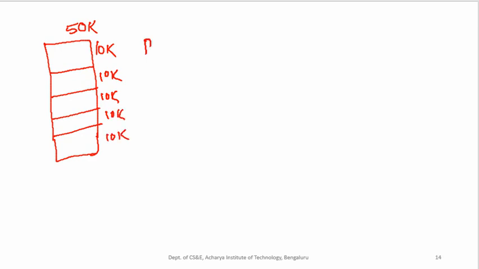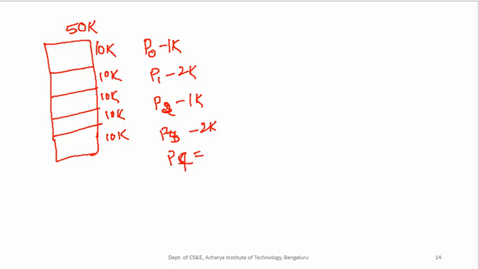Now let's say processes arrive with this memory requirement: P0 1K, P1 2K, P2 1K, P3 2K, and P4 3K. So there are 5 partitions, and we have assumed that 5 processes are coming in with this kind of memory requirement.